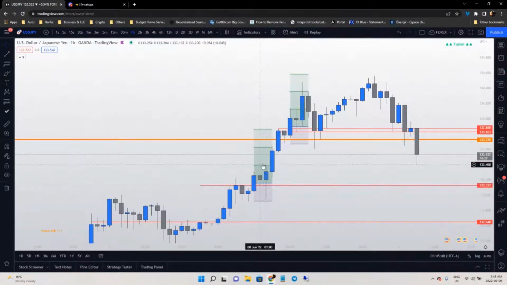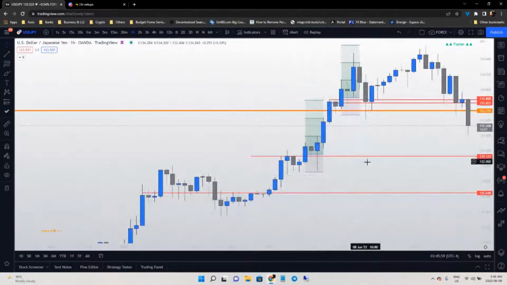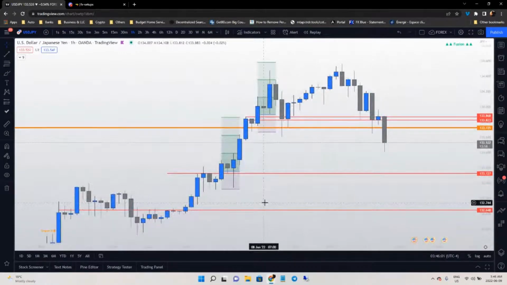At least at TP1 and TP2, I know it's high probability that the setup will go that route. That's why I always secure partial profit on each TP zone. This is basically how you secure your account overall by doing that.